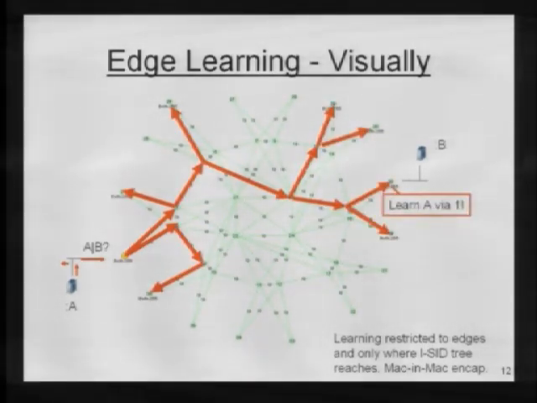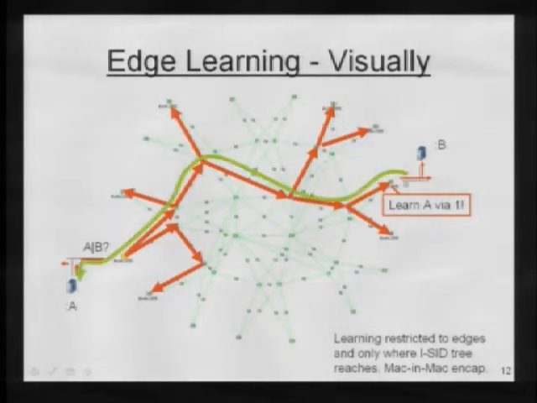It then is learned, the association between node A over here and node 1 in the SPB network is learned at the edge, and then arrives at B. B responds, and since we now know that A is via 1, node 30 here can respond with a unicast packet back to A, and then the learning is complete at the far end here. And these two edges have now learned the association, the inner to outer association, and we're good to go.